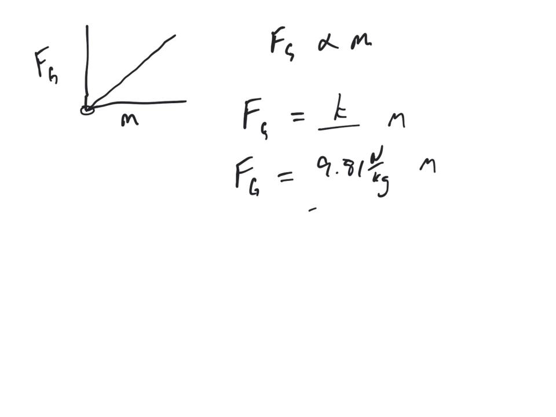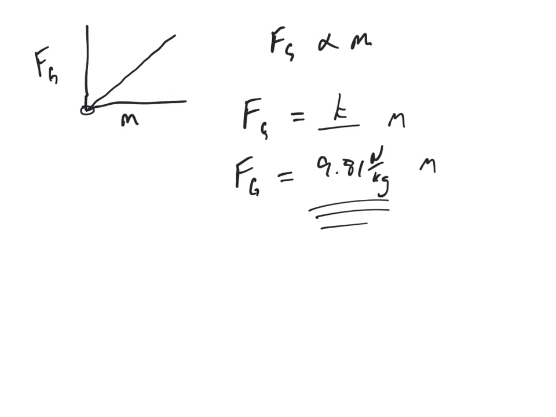And what does that slope tell us? It tells us that every kilogram of mass weighs 9.81 newtons. It's the rate of change in the weight with respect to the mass of the object.